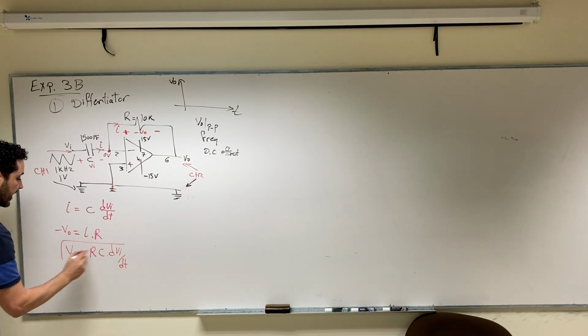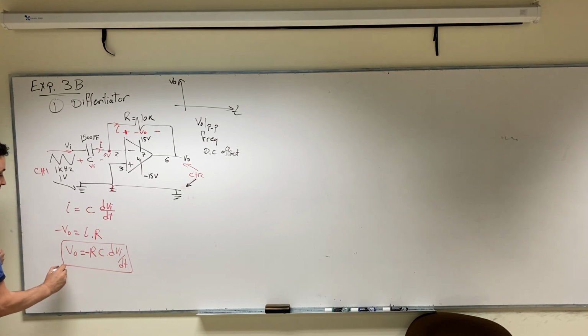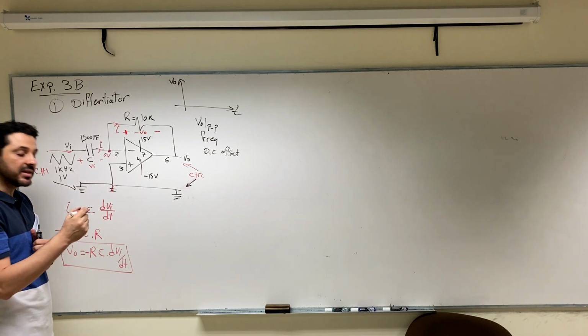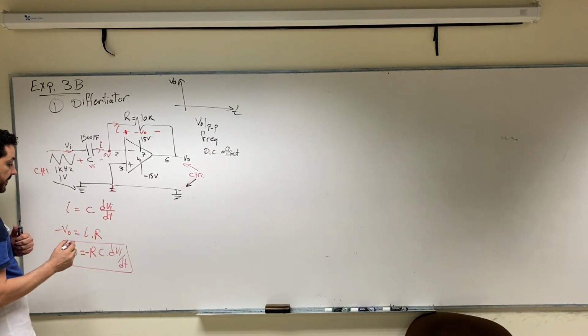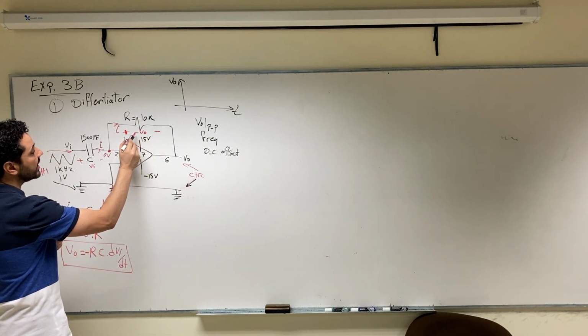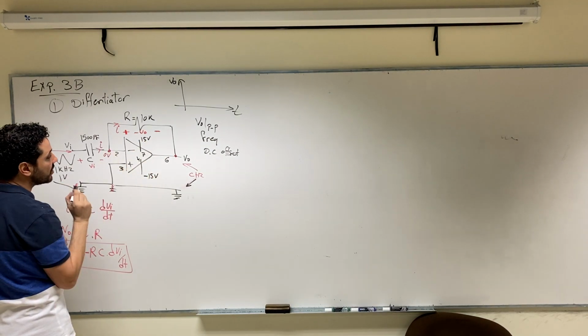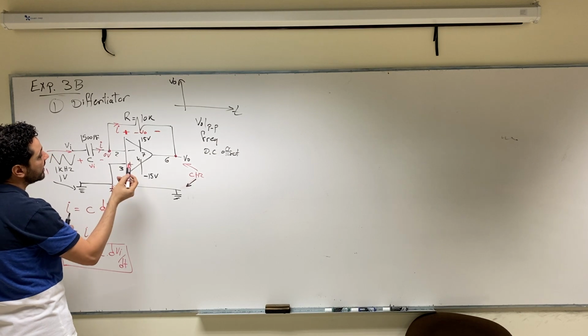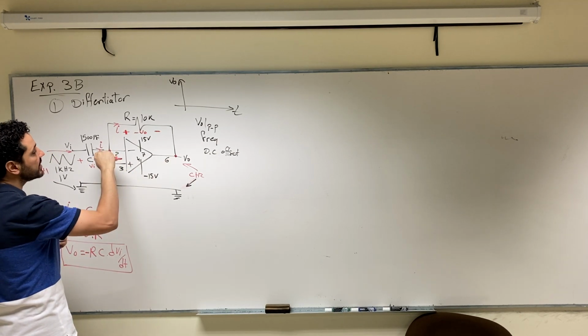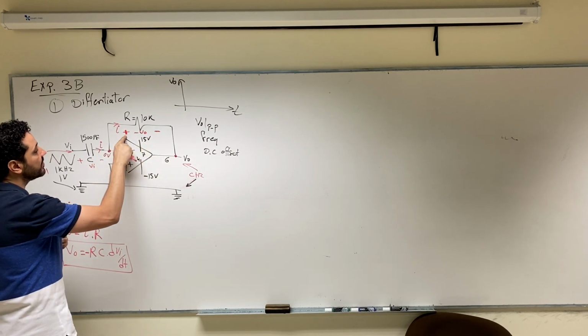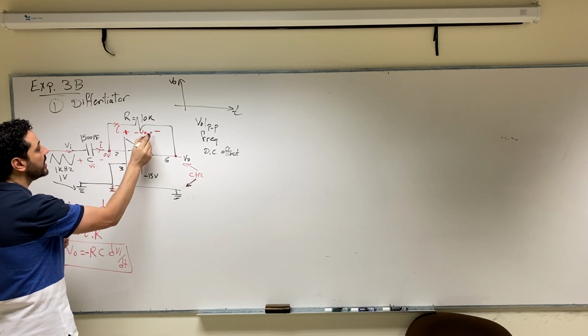which gives us that the output will be the negative of the derivative of V input multiplied by the value of the resistor multiplied by the value of the capacitor. And again, this negative sign here because this voltage is V output, this voltage is 0, right? So the default thing is that the voltage here is higher than here. But if you put the negative here and positive here, the difference between this point and this point is negative V output.